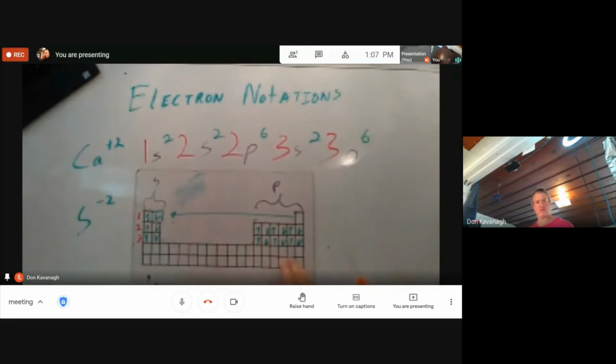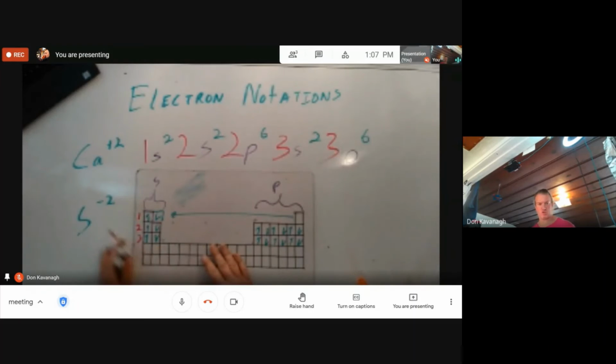There are 18 electrons in our picture here, and there are 18 electrons in those superscripts. So that's the complete electron notation for calcium with a +2 charge.